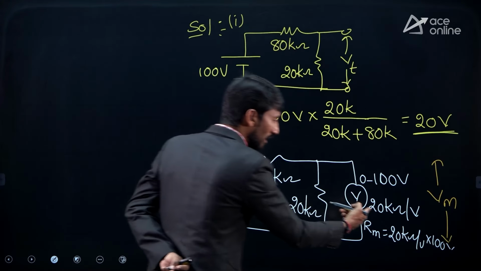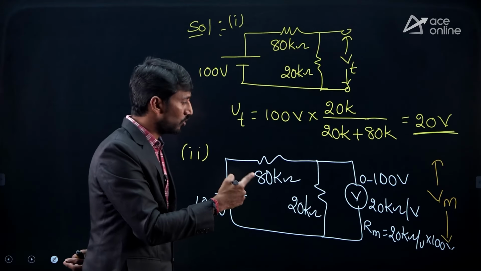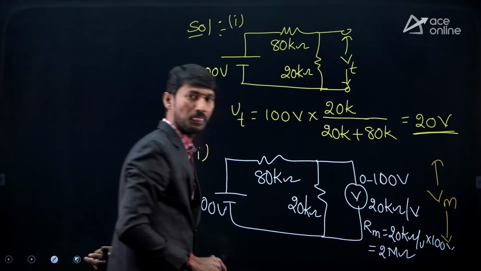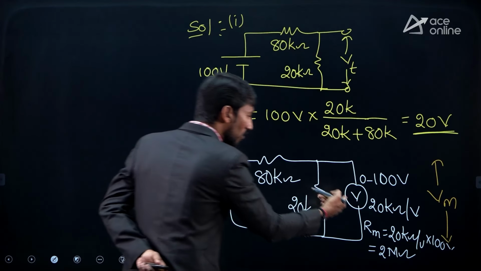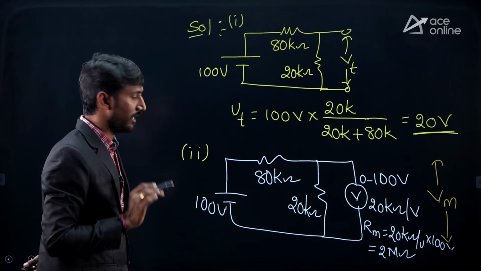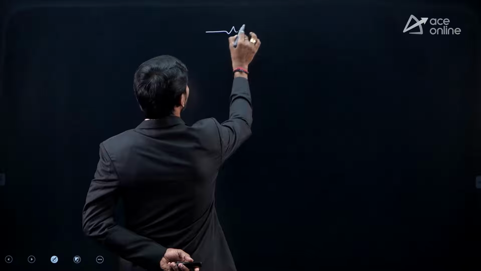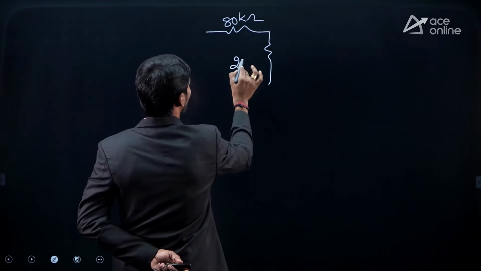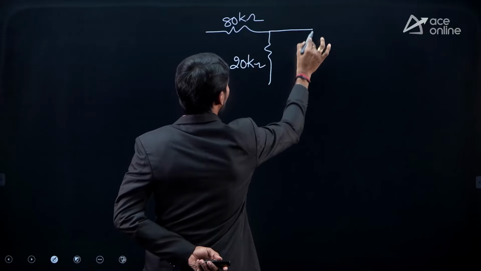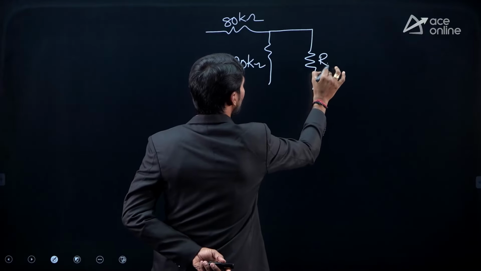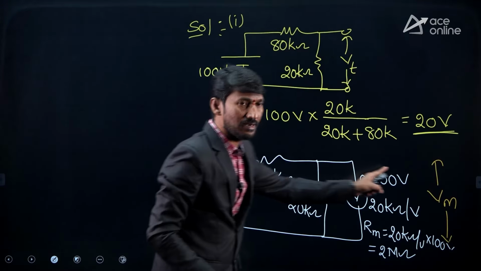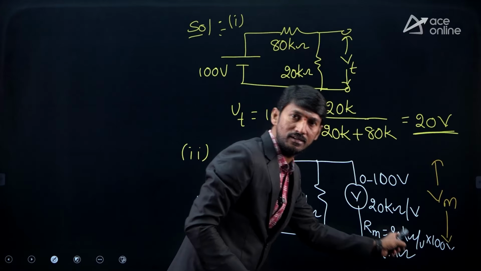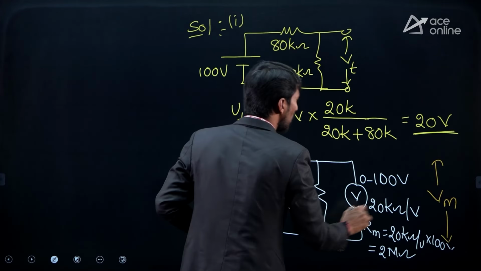So what can be the value now? 20 kilo and 100 means 2000 kilo, means simply this will be 2 mega ohm. I am redrawing the diagram just for clarity purpose. Here, this is 80 kilo ohm. This is 20 kilo ohm. Across this, the meter is connected with the earlier data, that is, the full scale value and sensitivity. What we have calculated is the resistance of the meter, that is 2 mega ohm.